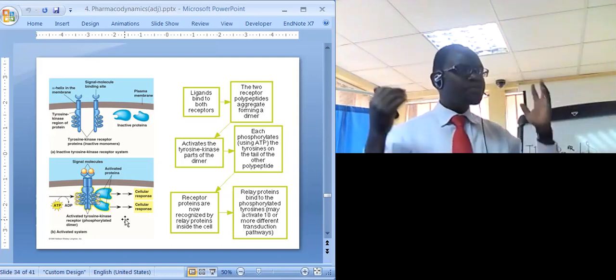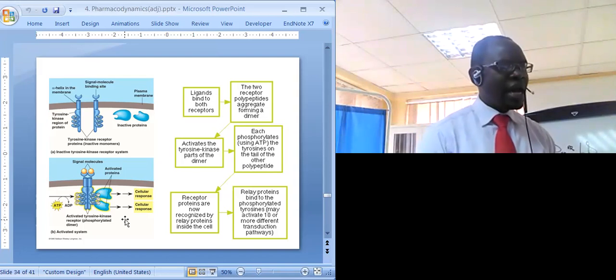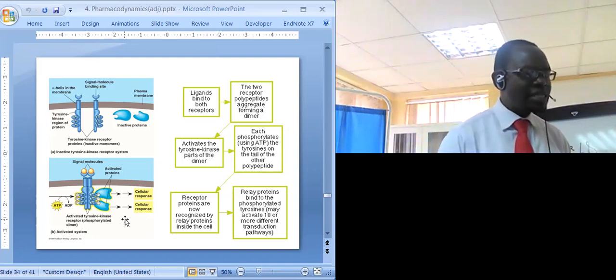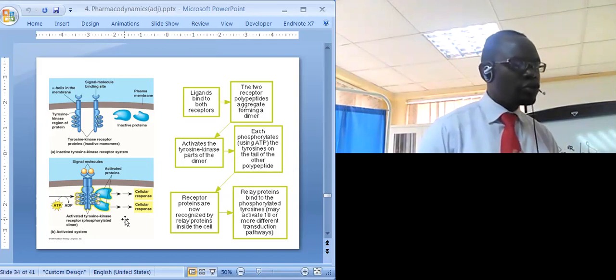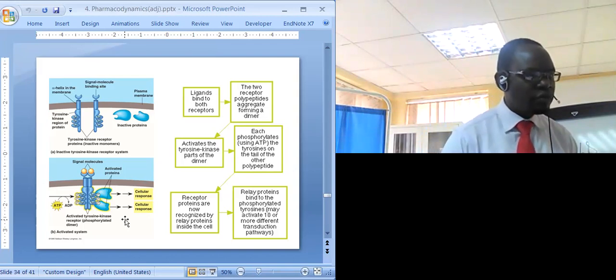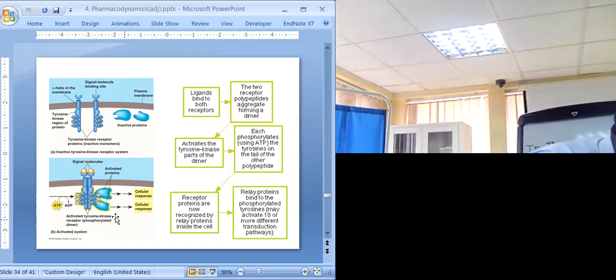Now, this activates the tyrosine kinase parts of the dimer, and each phosphorylates, using ATP, the tyrosines on the tail of the other polypeptide. As you can see here, initially we had the tyrosine.